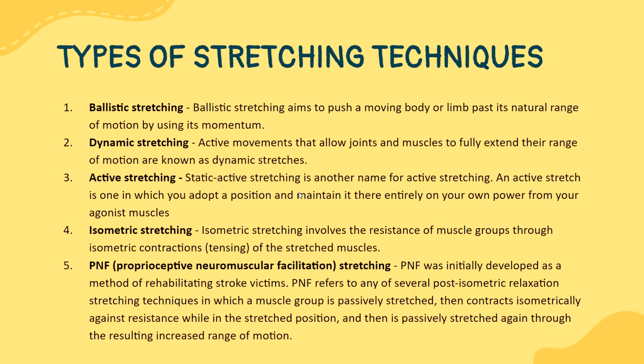Next is isometric stretching. Isometric stretching involves the resistance of muscle groups through isometric contractions of the stretched muscles. It is a sort of static stretching, meaning it does not employ motion. Isometric stretching is far more efficient than passive or active stretching alone, and it is one of the quickest strategies to improve static passive flexibility.